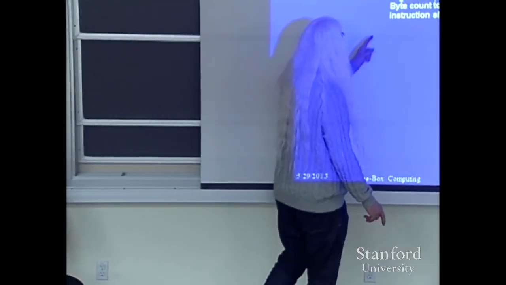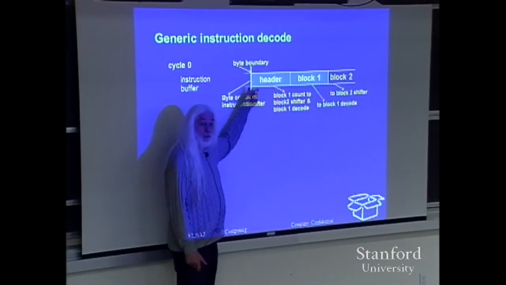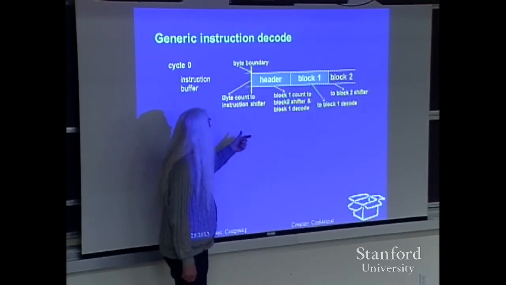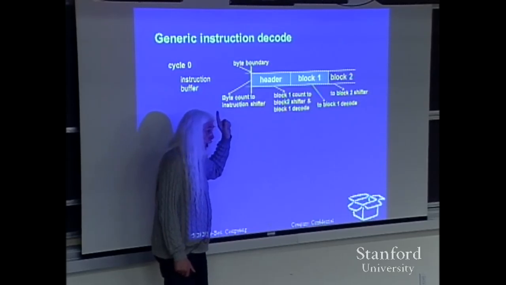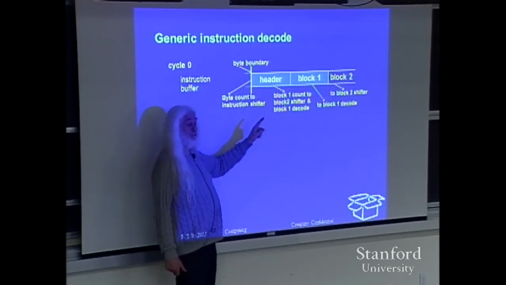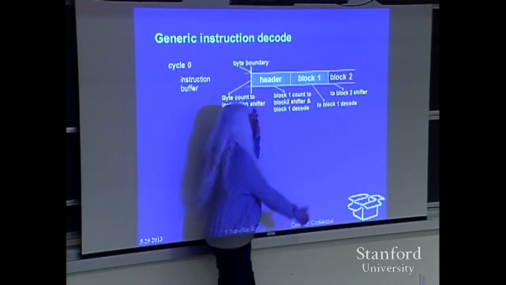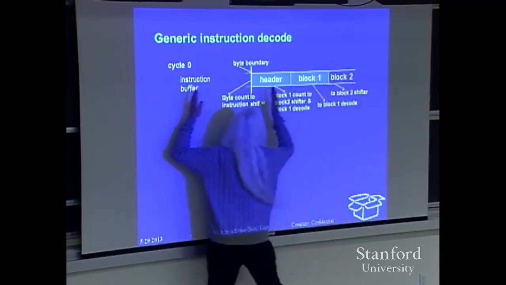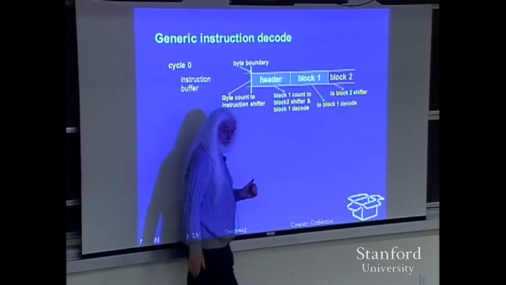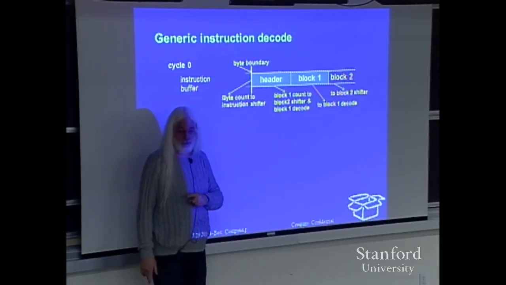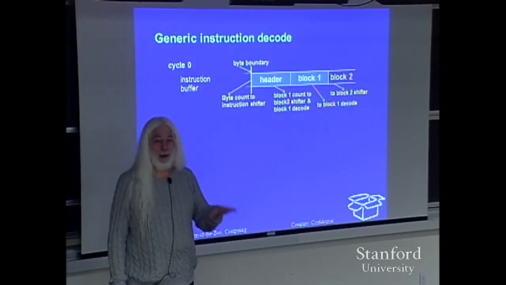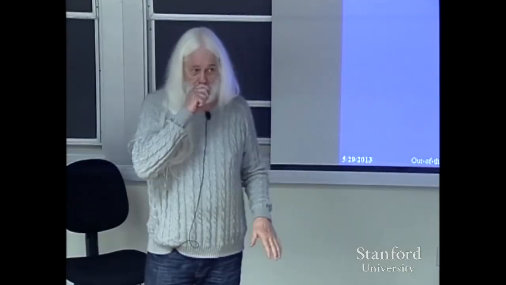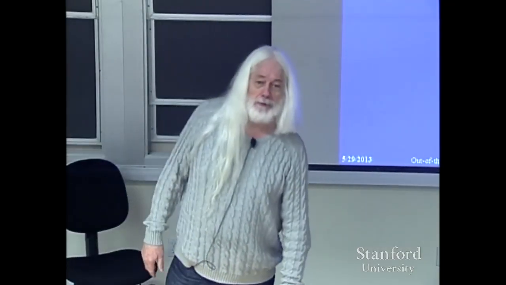Consequently, we can send that, furthermore, it's in a fixed position here, so it's easy to get out. We can send that byte count to a bundle shifter that in one cycle will move the whole thing over and bring in the next bundle. We don't have to parse it to figure out how long it is. We tell it how long it is. The byte count is right in there. Actually, it's a tap count on the shifter, but effectively it's a byte count.